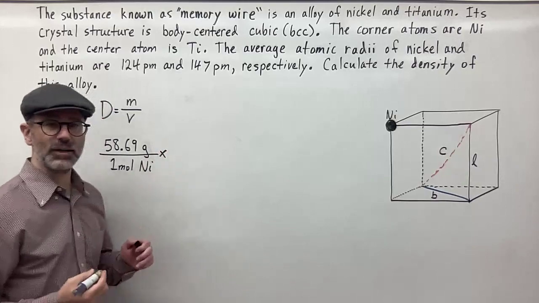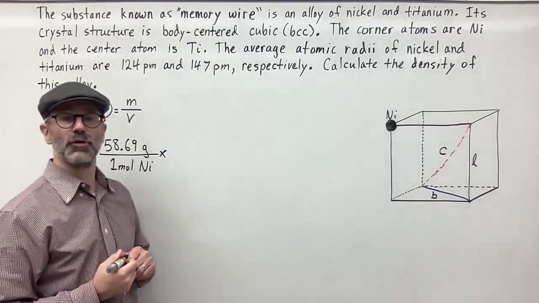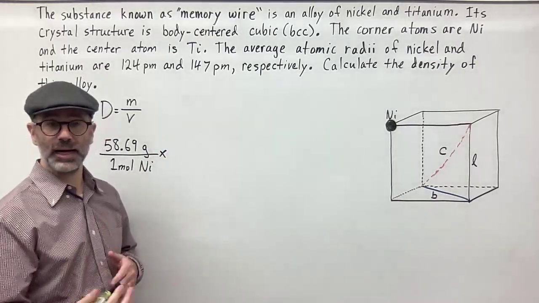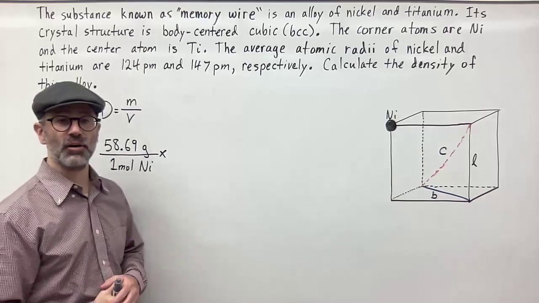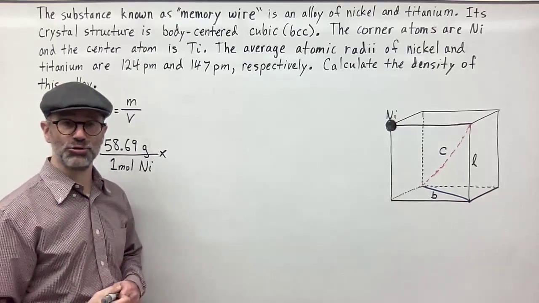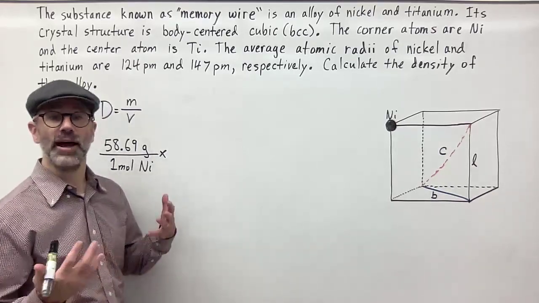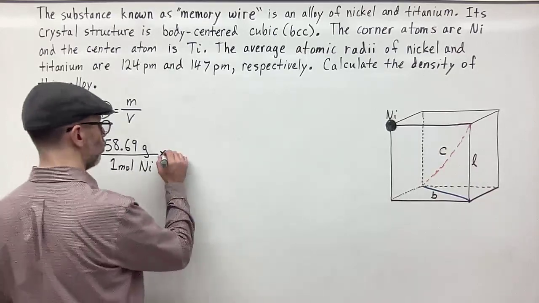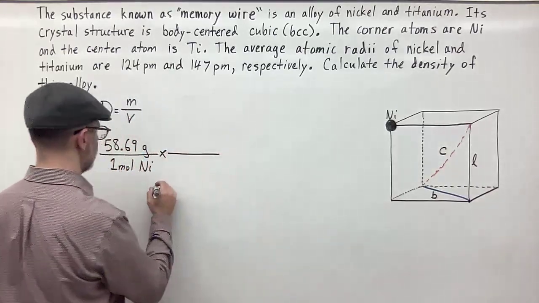We can use Avogadro's number to help us convert moles into atoms. So 1 mole of nickel is equal to 6.022 times 10 to the 23rd atoms of nickel.